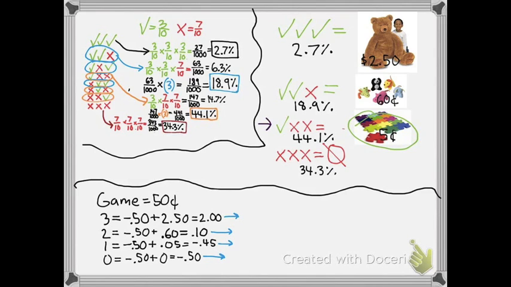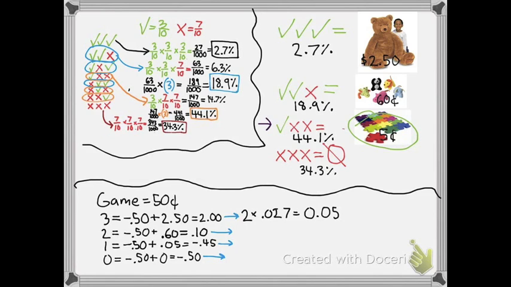So for 3 shots, we just decided that the amount of money that you would gain is $2, but remember, you only have a 2.7% chance of winning this. So let's multiply 2 by 0.027, which is the same as 2.7%. And the answer we should get is 0.054, sorry.